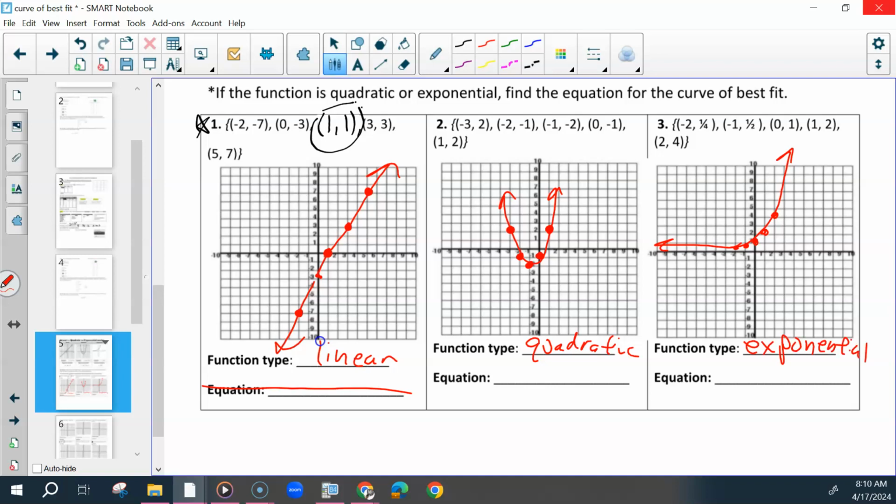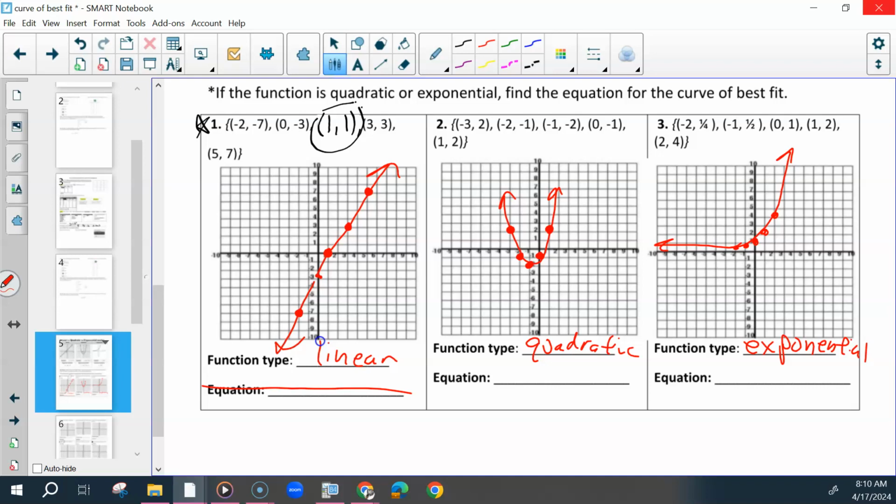Now, if you were just looking at the points and maybe didn't have a graph to graph it, I mean, you could always put them into Desmos. But if we were just looking at the points, as I'm looking at these, my x's are increasing by whatever amount. And my y's are also increasing by that same amount.